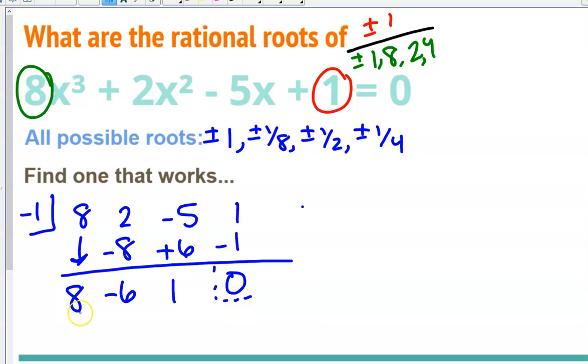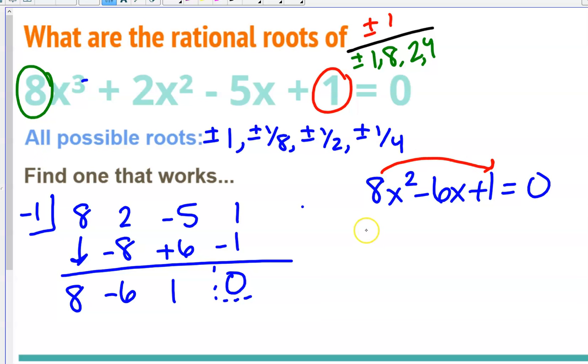Okay? Take my new equation, which is going to be 8x squared. Remember, it drops down an exponent. Minus 6x and then plus 1. All right, I'm going to solve this one. I'm going to do slip and slide again. So I'm going to slip the 8 to the end. We have x squared minus 6x plus 8 equals 0.